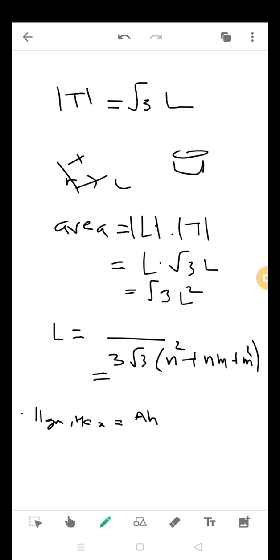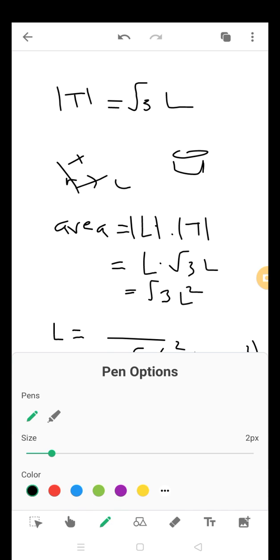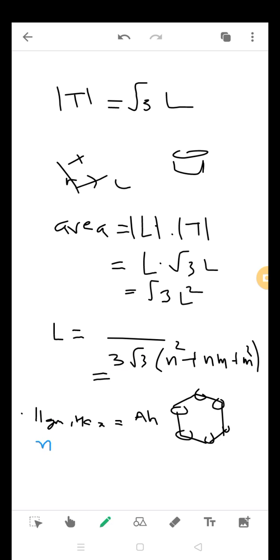So we would like to find out how many carbon atoms are there. Another reason for taking a hexagon is that there are 6 carbon atoms, and each of its contributions is 1/6. So 6 into 1/6 becomes 1. So we would like to find out the number of atoms in this area of C and T.